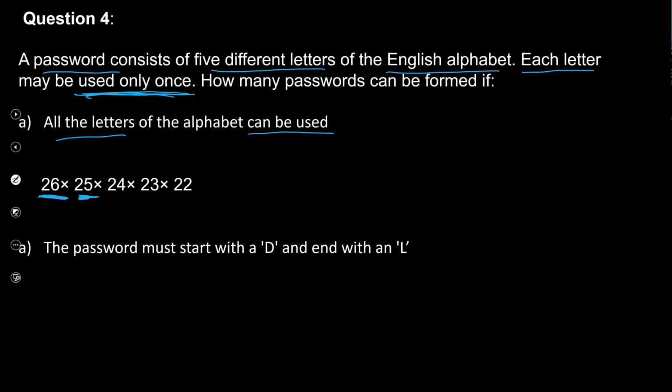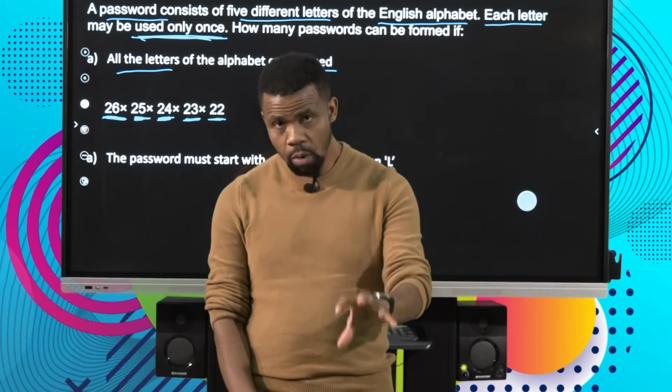In the next position we can only use 24, then 23, and then 22. So our answer here will be 26 times 25 times 24 times 23 times 22. You can leave your answer in that manner, or if you want, put that in your calculator and see how many ways there are. Are we all together? Very important that we cannot repeat our letters.